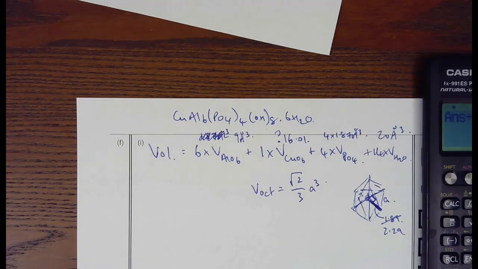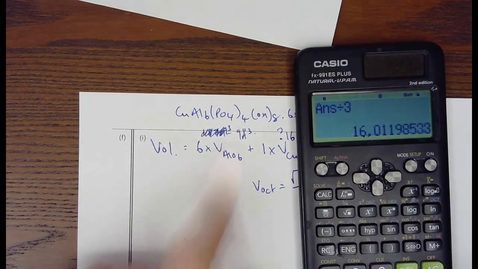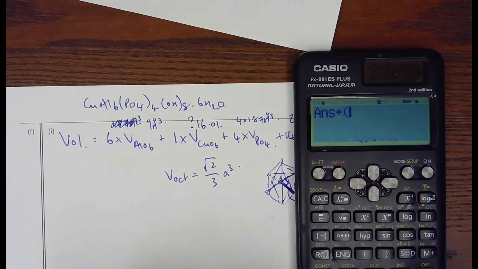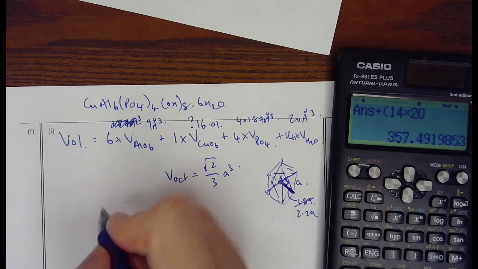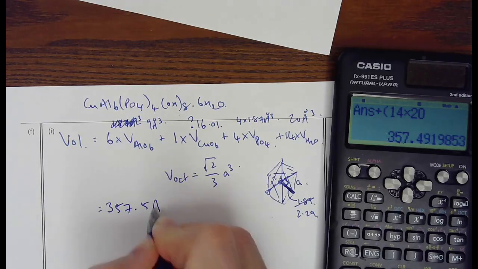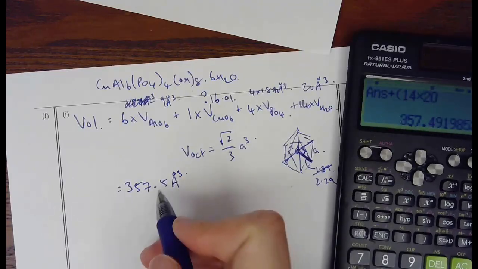Then I just go ahead and add everything else on: plus 6 times 9, plus 4 times 1.87, plus 14 times 20 gives me 357.5 angstroms cubed, and that's 70%.